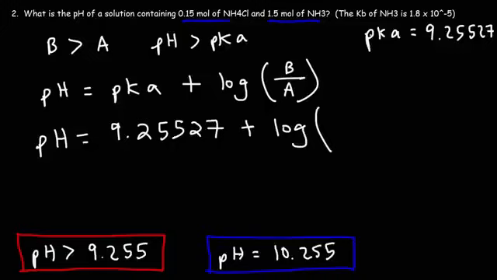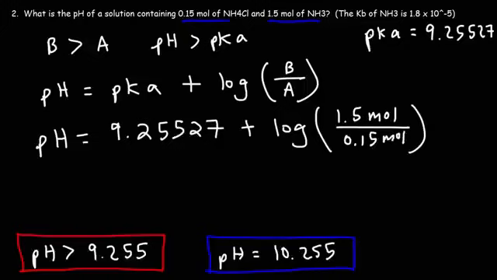Now, as was mentioned before, this could be in units of molarity or it could be in moles. Both units will cancel. So we're going to plug in the moles. We have 1.5 moles over 0.15 moles. So we can cross out these two units. Now let's plug this into our calculator.